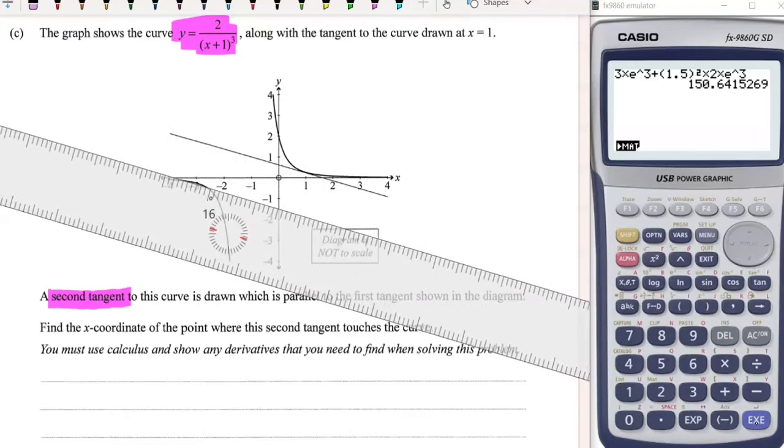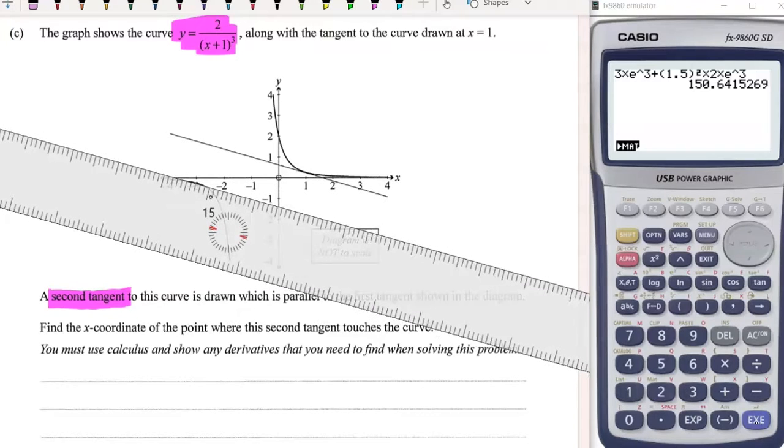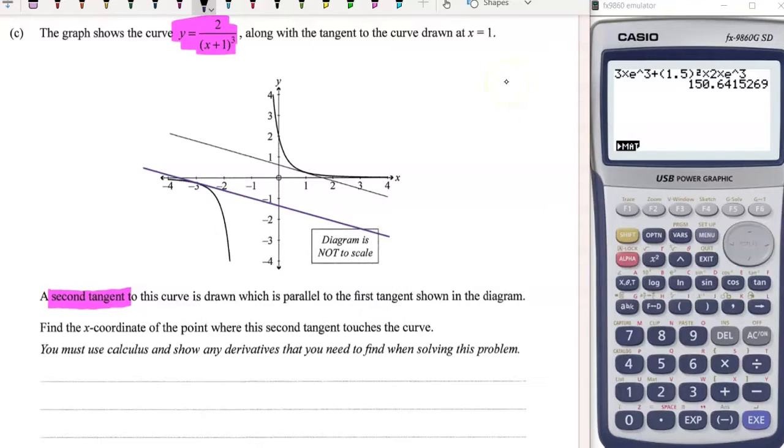And then it just touches the curve somewhere else. So it's going to be just about here. So I'll draw that line in like this. Okay. So that's the line that we're thinking about now. And we want to find the x-coordinate of the point where this second tangent touches the curve. So we're looking for the coordinate just here.